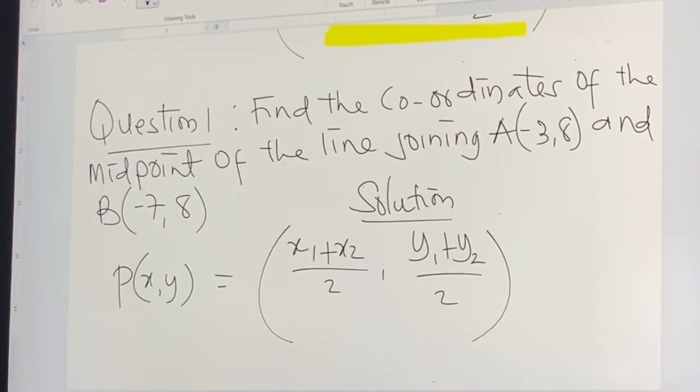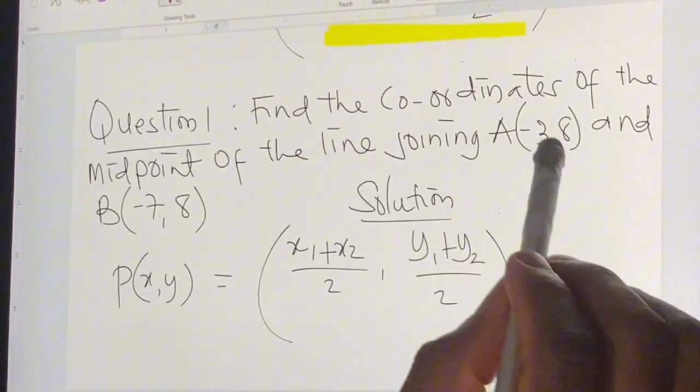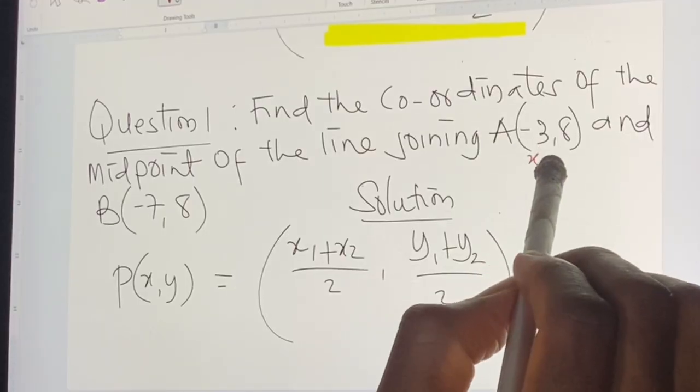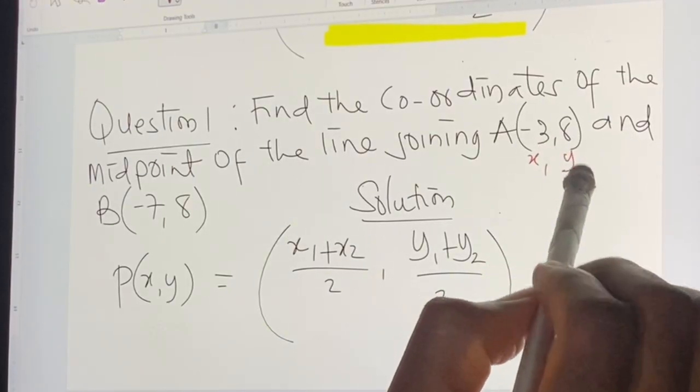So our intention here is to specify the coordinates for x1 and y1, and also specify the coordinates for x2 and y2. From here, this is x1, this is y1.